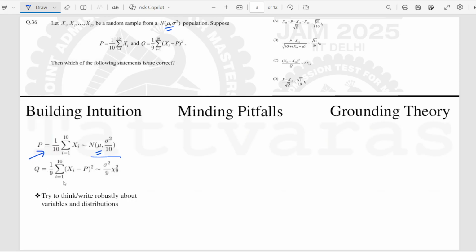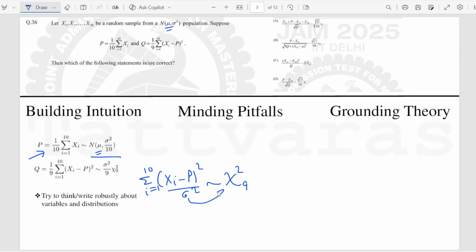And we know that this, which is the sum of squares appropriately scaled by the sigma square parameter, follows chi-square 9, right? But we should develop this skill or habit of tweaking things LHS RHS way over here as well.